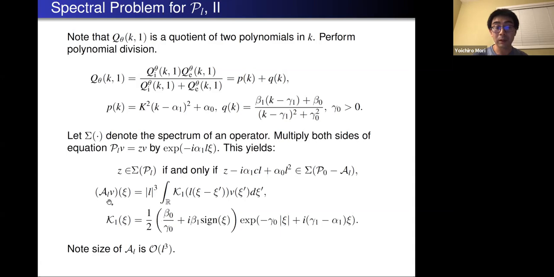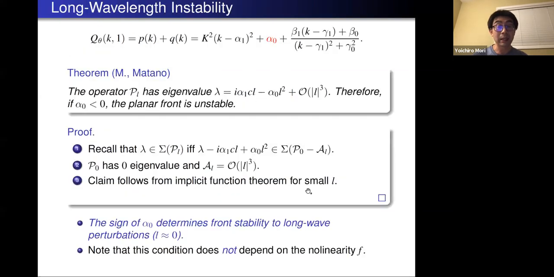Furthermore, this AL, when L is small, is on the order of L cubed. So it's a very small perturbation with respect to P0. And with this, we can state our first stability/instability result.